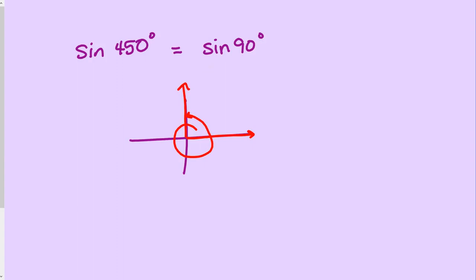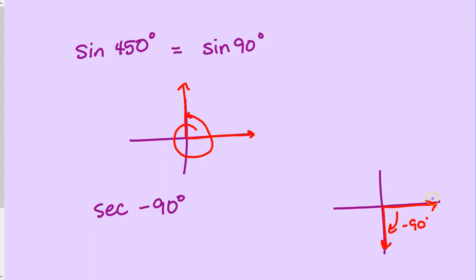Or similarly, if you were asked to find, let's say the secant of negative 90 degrees, just remember negative 90 means go clockwise instead of counterclockwise. So you're actually at the same place as 270. So the secant of negative 90 degrees is equal to the secant of 270 degrees, so you would just do that.